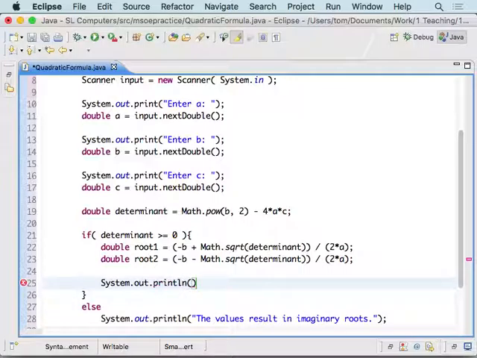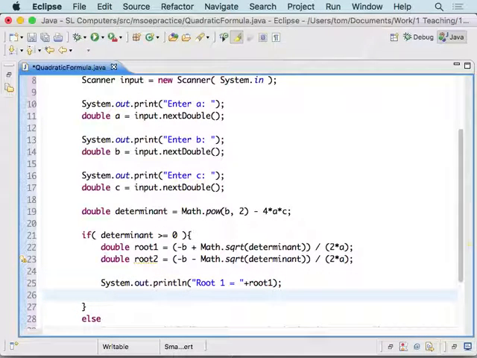So print line, and we could say root 1 equals root 1. Root 2 equals root 2.